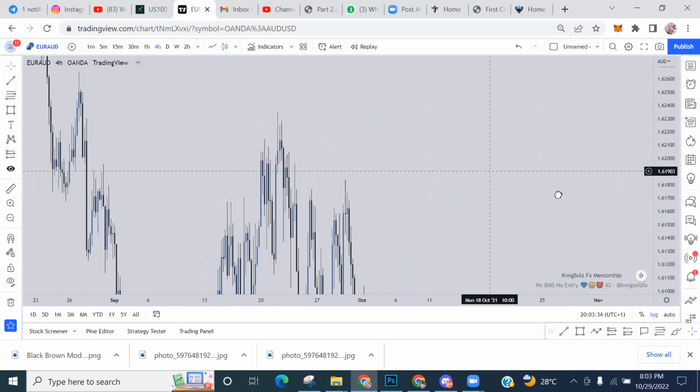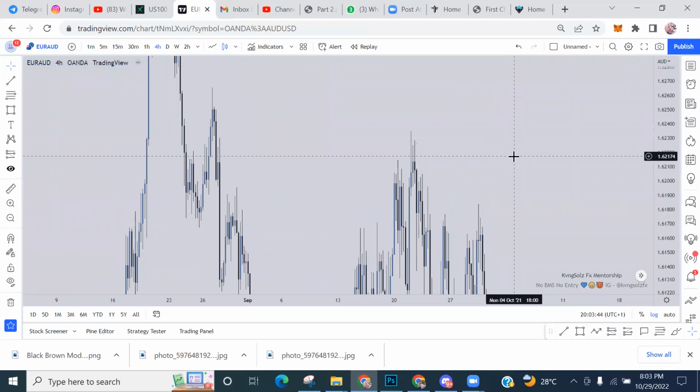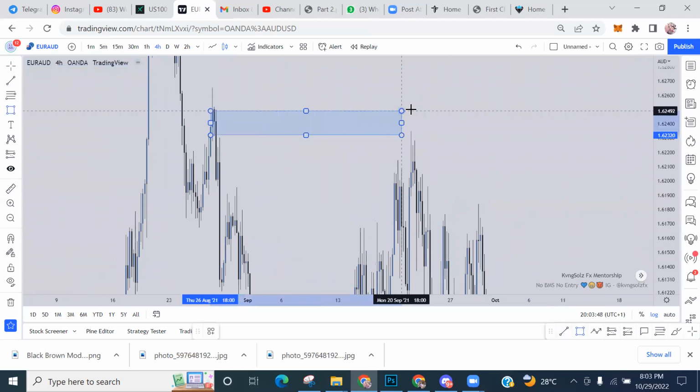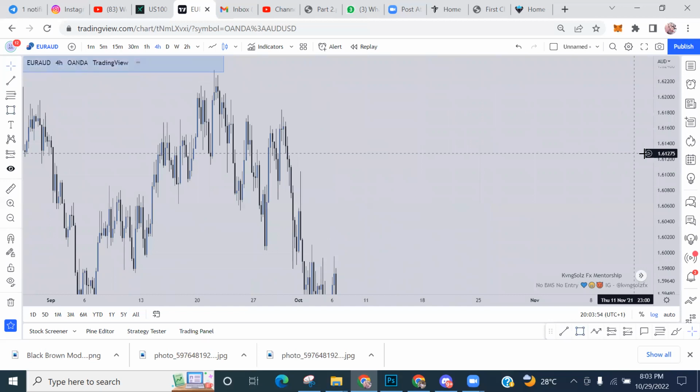First of all, if you notice, this market tapped into a supply zone before falling, which is this one. Meaning this pair is bearish on the higher time frame.